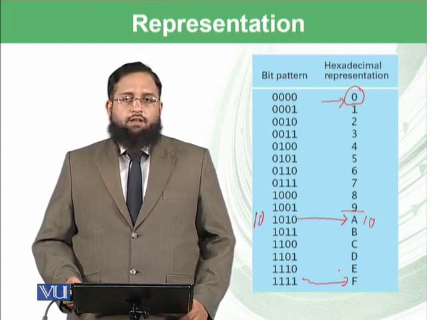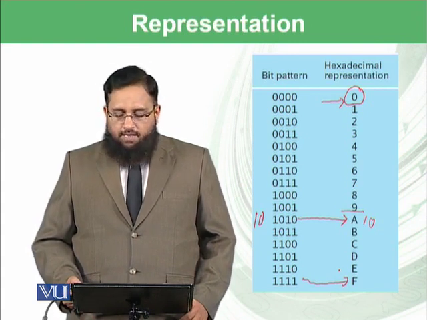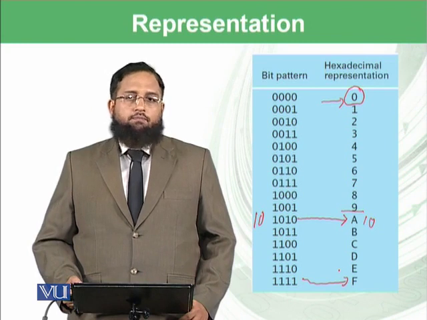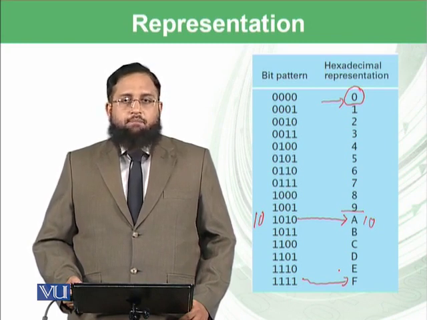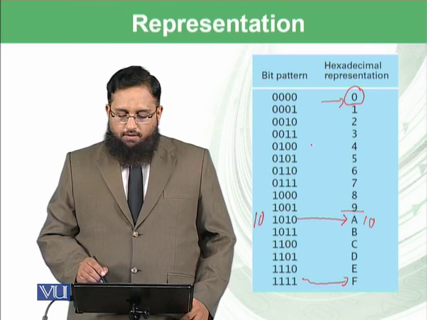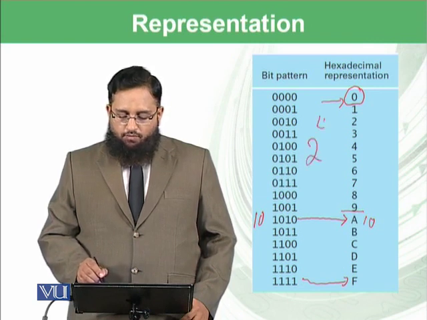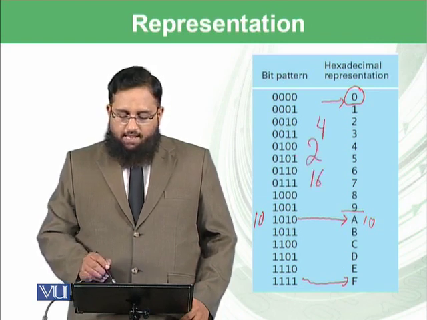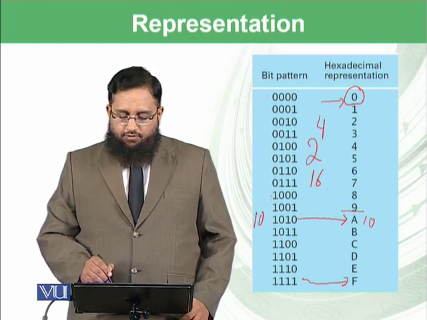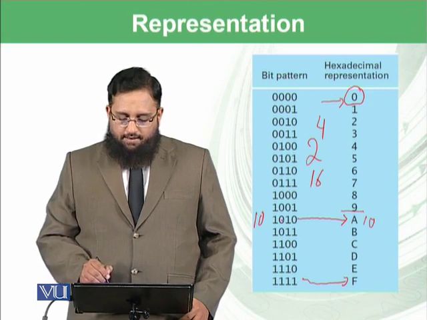You should recall from the previous module that if we have a bit pattern of 4 bits, then the maximum number of patterns which can be formed is 2 raised to the power 4, which is 16. You can count these 16 patterns: 1, 2, 3, 4, 5, 6, 7, 8, 9, 10, 11, 12, 13, 14, 15, 16.